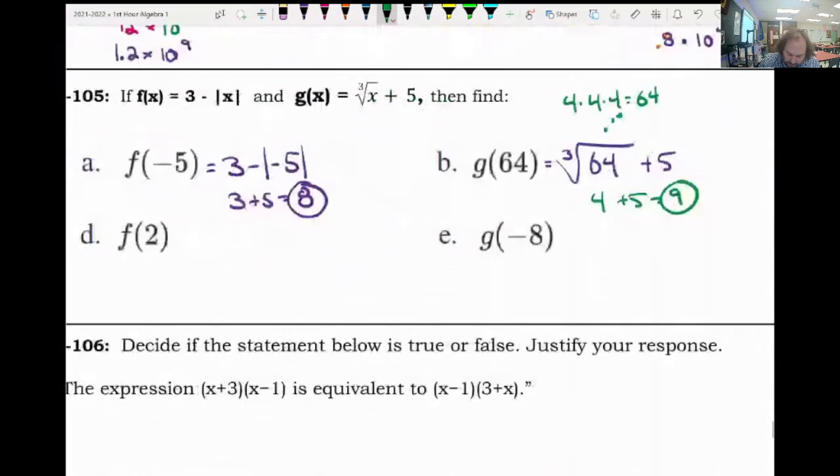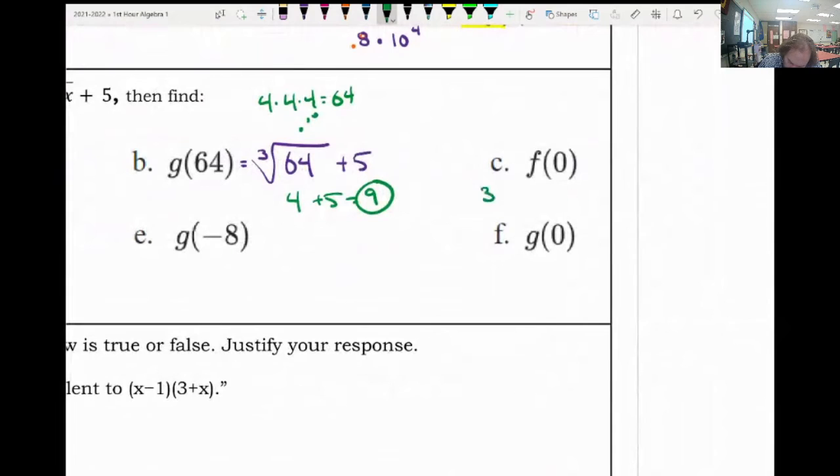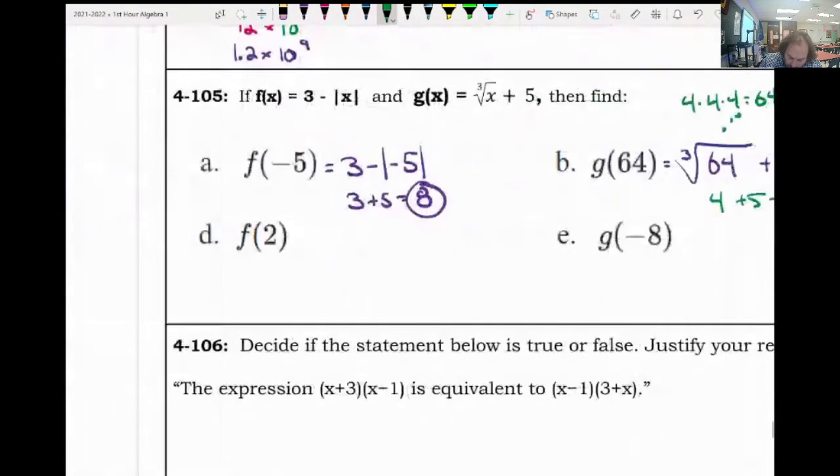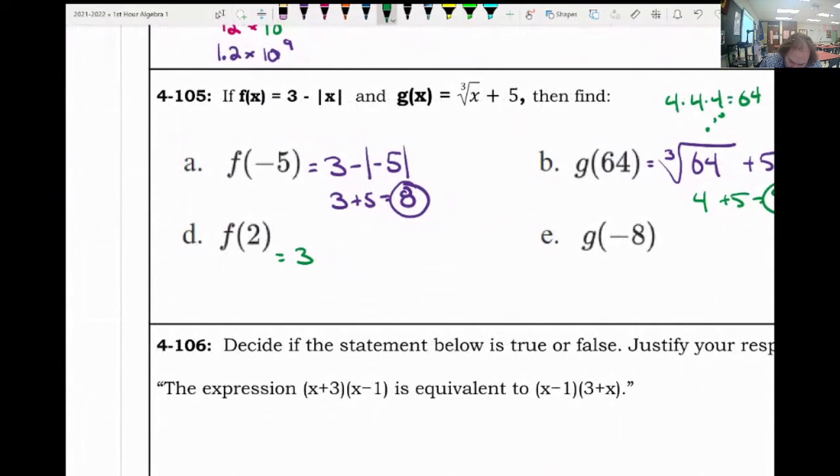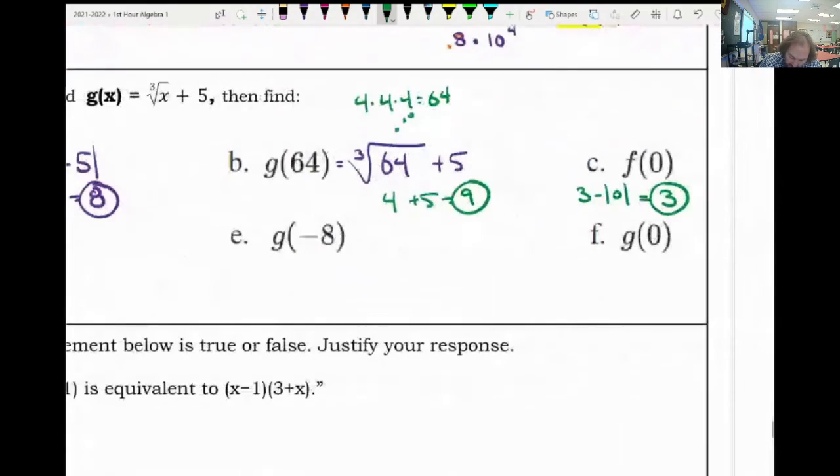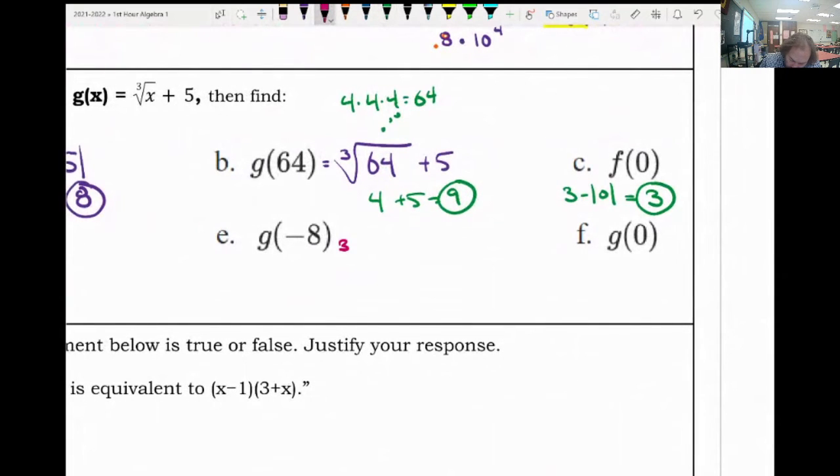F of 0 is going to be 3 minus the absolute value of 0, which is just 3 minus 0, which is 3. F of 2 is going to be 3 minus the absolute value of 2, which is the same as just 3 minus 2, so that's just 1. G of -8 is going to be the cube root of -8 plus 5.